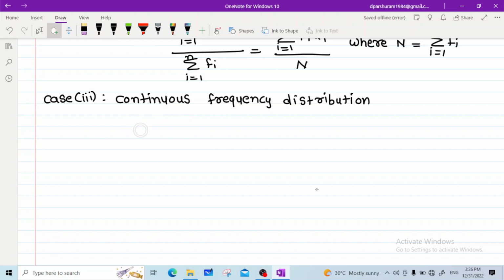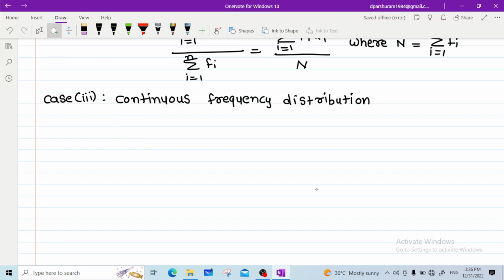Here in continuous frequency distribution we have to take out the class intervals, and from these class intervals we have to take out the mid values of the class intervals.